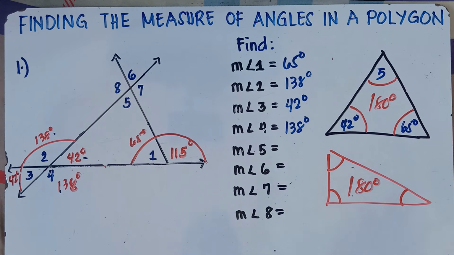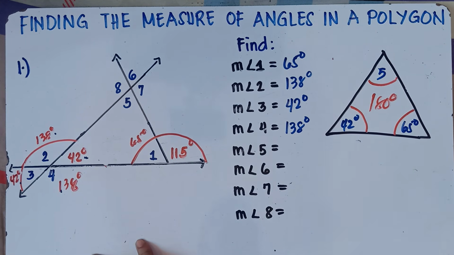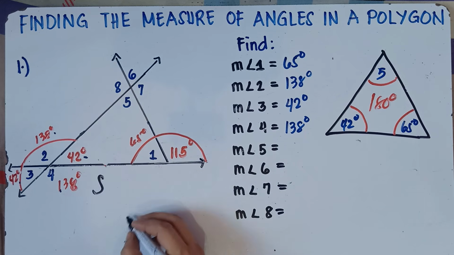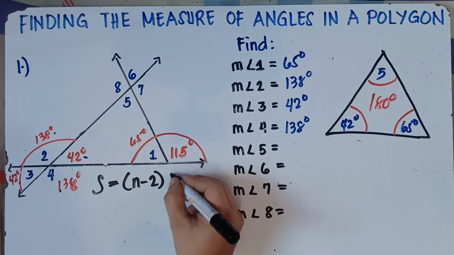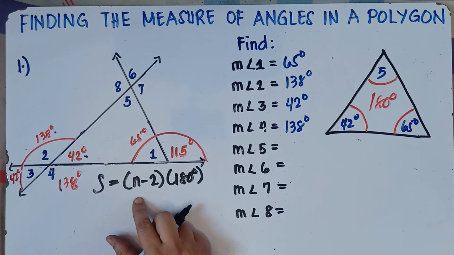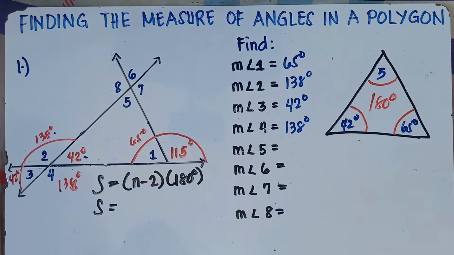Now, if you forgot that one, class, we can use the formula for finding the sum of interior angles in a polygon. The formula says the sum of interior angles is equal to the quantity n minus 2 times 180 degrees, where n represents the number of sides. For a triangle, how many sides? 1, 2, 3.